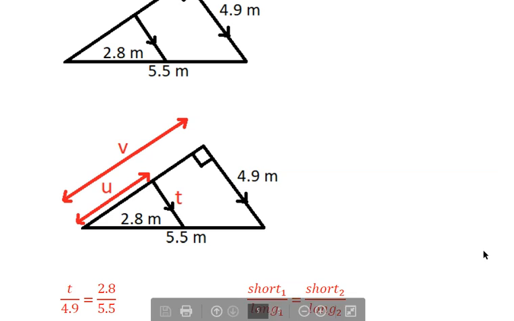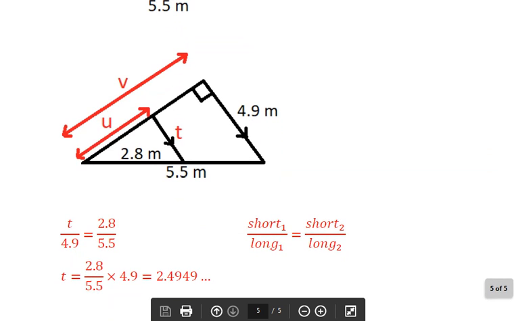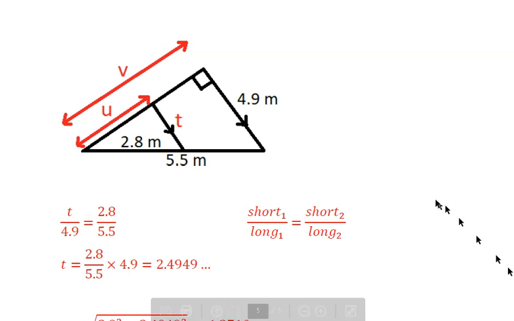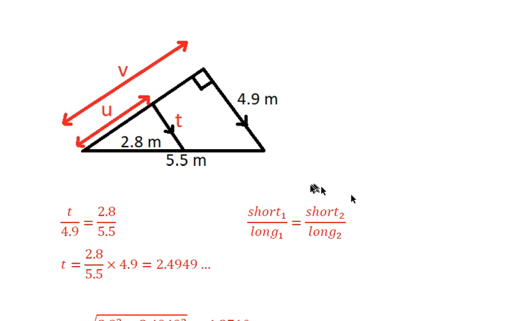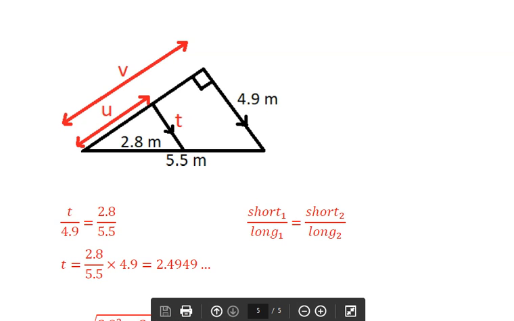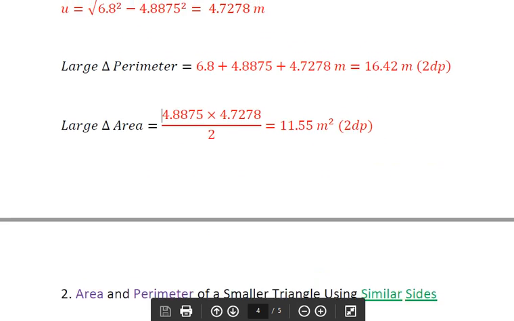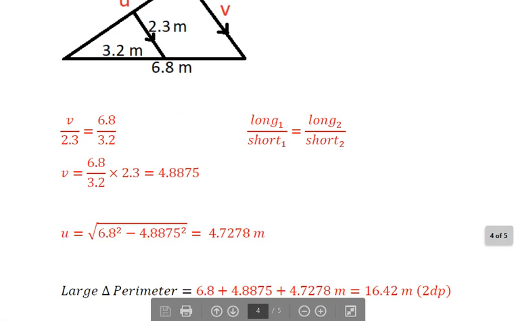Alright, and so perimeter, and first of all, before we do the perimeter, we can use our similar triangles technique to work out the unknown value of T. Now I have flipped my similar triangles formula upside down on purpose.